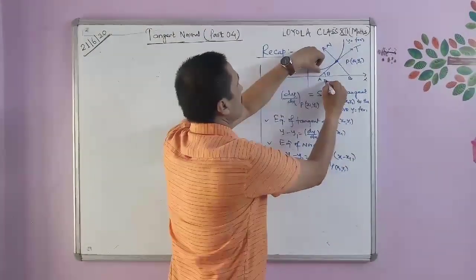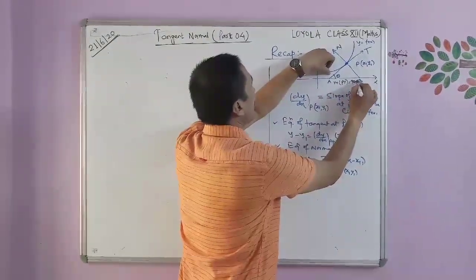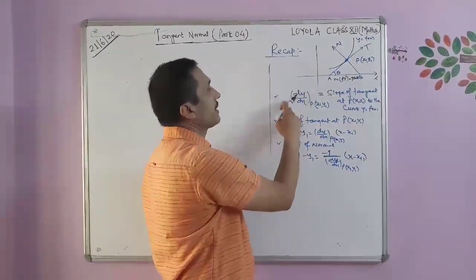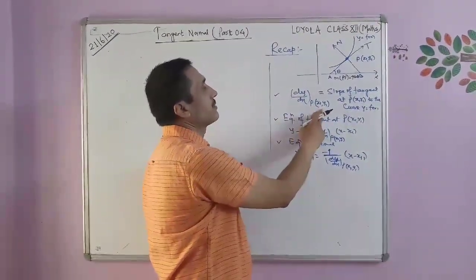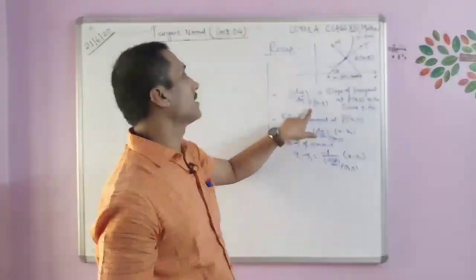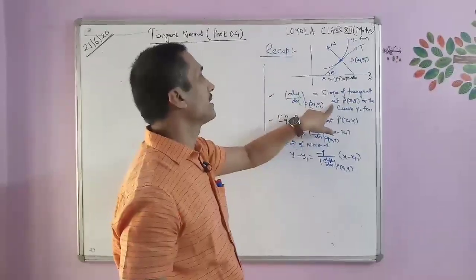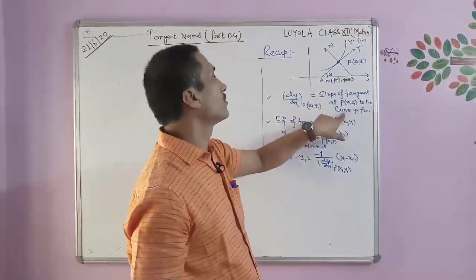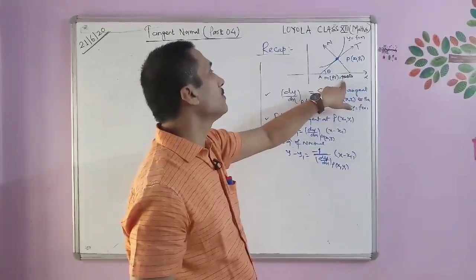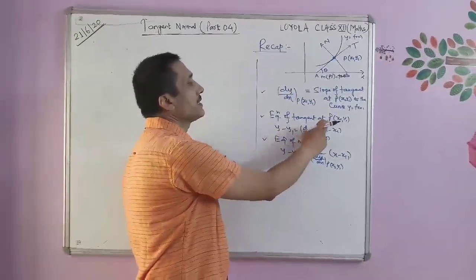Then slope of PT equals tan theta. Using derivative dy by dx at point P(x1, y1), that is the value of the derivative at the point P, this is equivalent to slope of tangent at P(x1, y1) to the curve y equal to f(x), which is identical to tan theta.